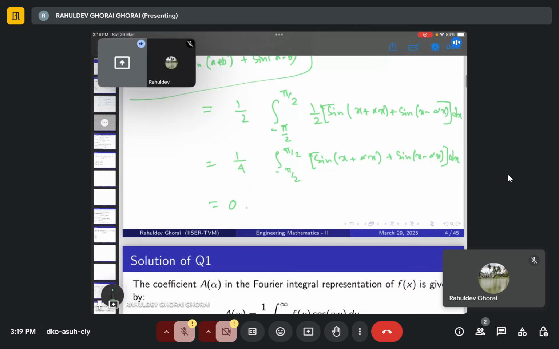equal to 0. Why? The question is why it is 0. Remember, integration from minus a to a of f(x) dx is equal to 0 if the function is odd, right? Here the sine function is odd.